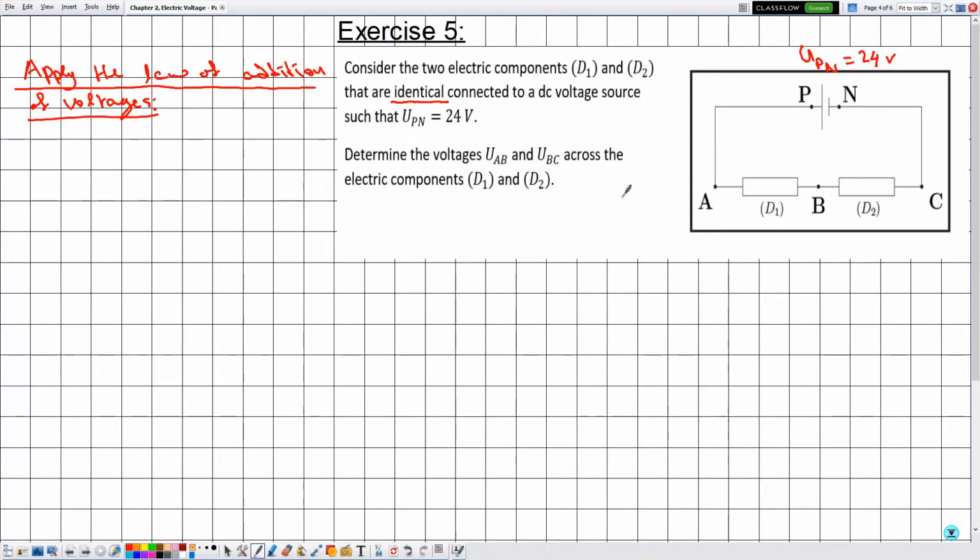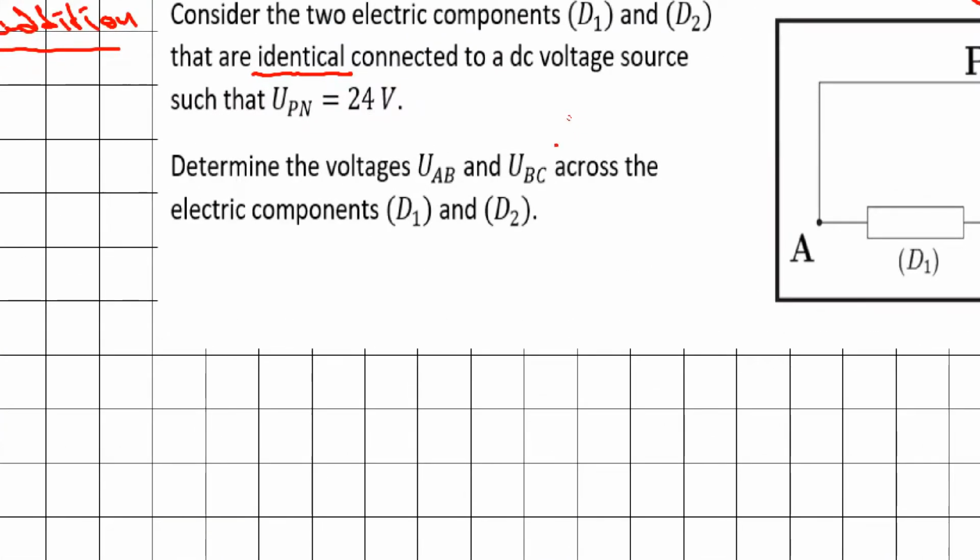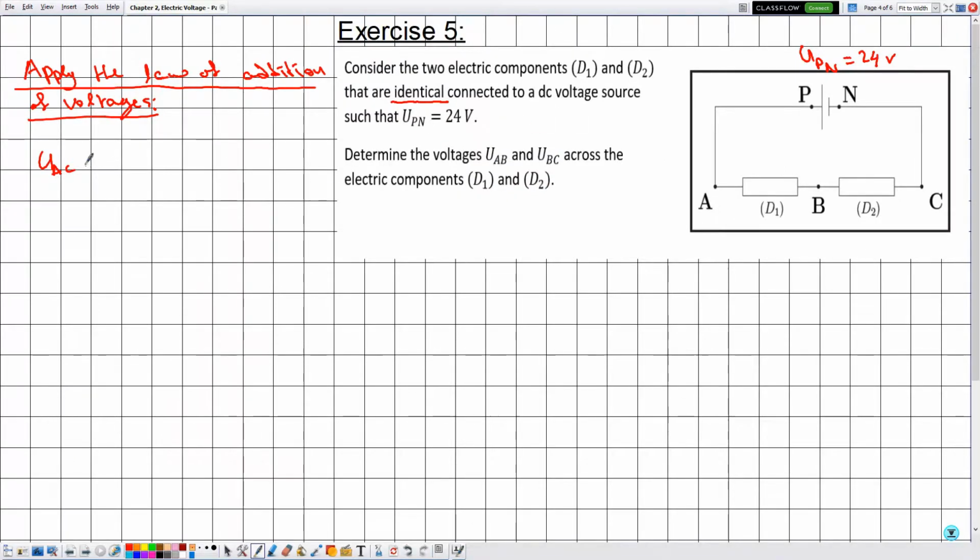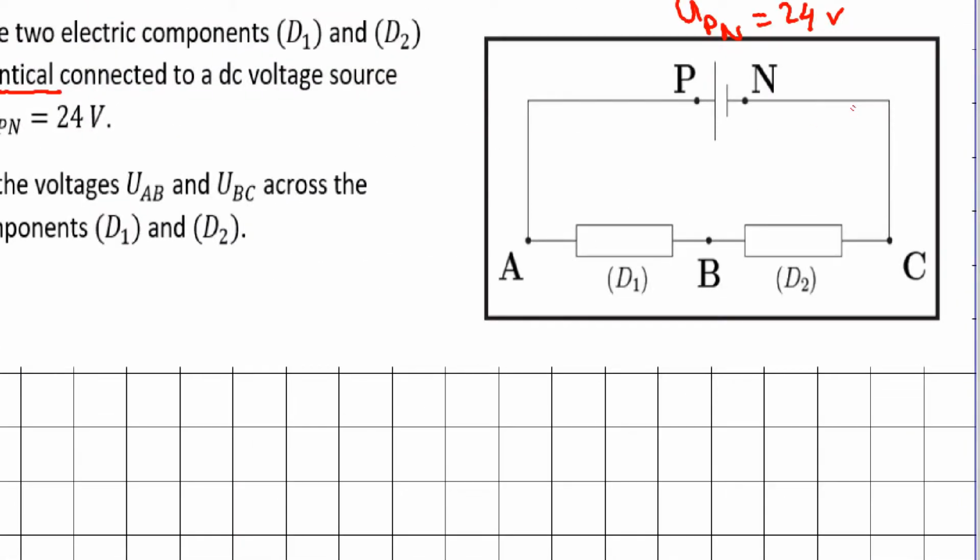So always on the left we write the voltage that we are interested in determining, which is UAC. Why UAC? Because we need to determine UAB and UBC. Since they are identical, B will be eliminated and we are interested in determining UAC. So UAC, let's go from A to C across the DC voltage source.